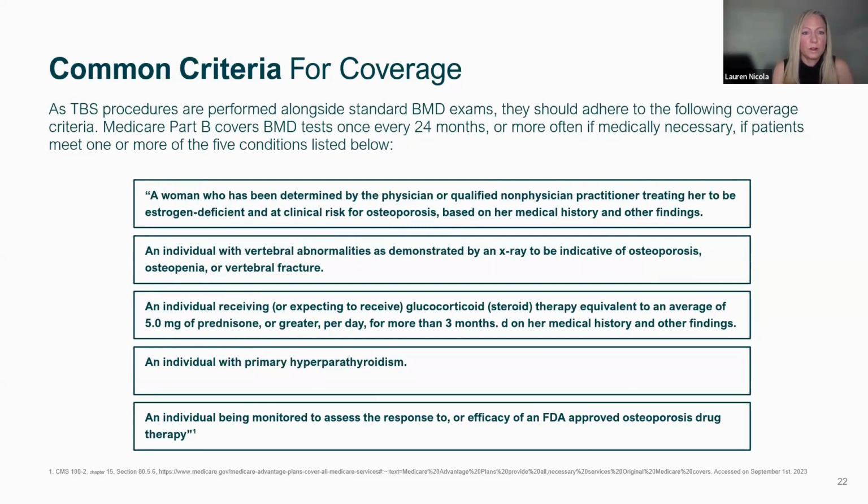And those, as you see here, are: a woman who's been determined to qualify based on estrogen deficiency and clinical risk for osteoporosis, any individual with radiographic abnormalities indicative of osteoporosis or vertebral fracture or osteopenia, people that are receiving steroids, of course, greater than 5 milligrams of prednisone per day for 3 months on average, anybody with hyperparathyroidism, and then a patient that's being treated for osteoporosis to monitor treatment response. So those are the common criteria for coverage.